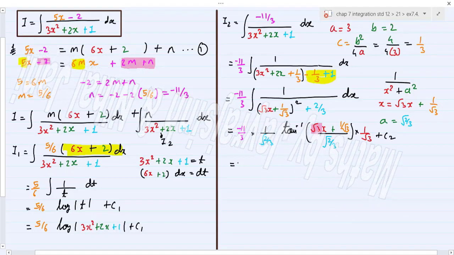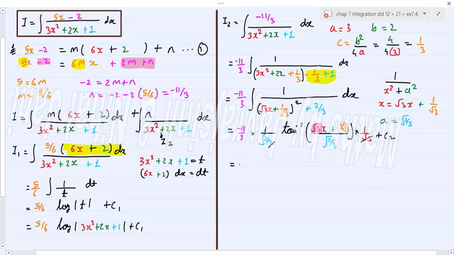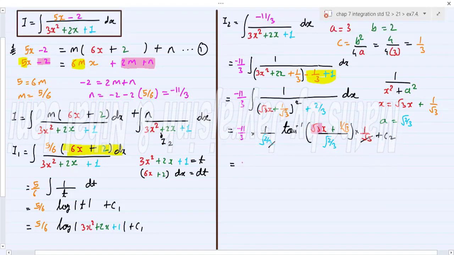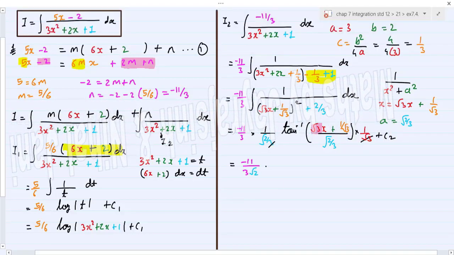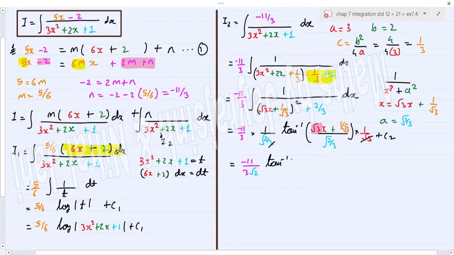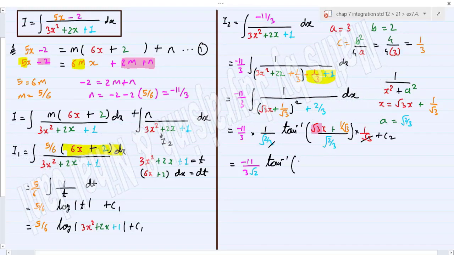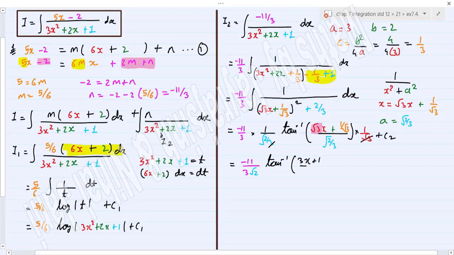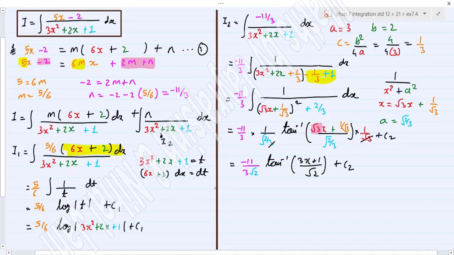Now let's simplify. This root 3 will cancel out. We will get minus 11 by 3 root 2 and tan inverse of, if we take the LCM of root 3, we will get 3x plus 1 upon root 2 plus c2 is your final I2.